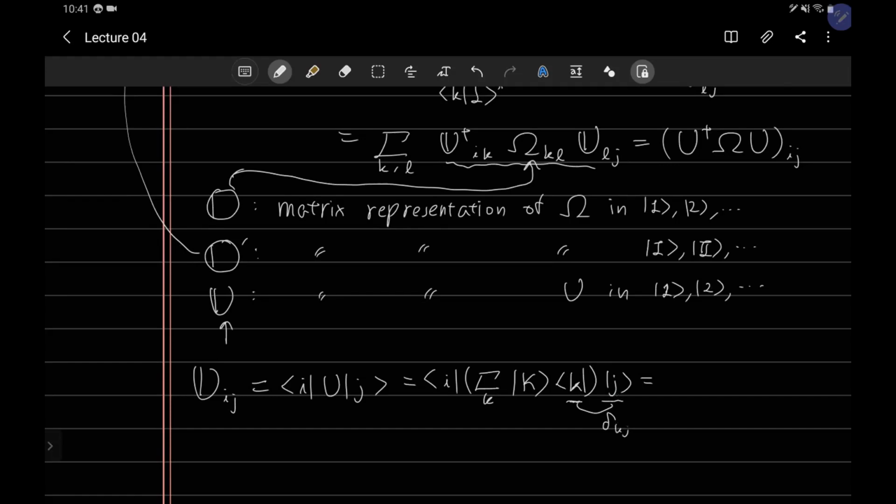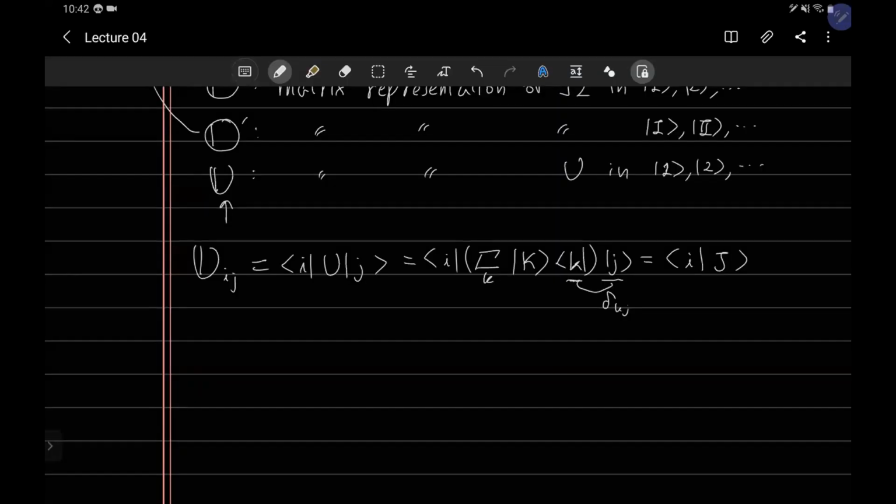So the summation is not necessary, and we know that this will eventually turn into the I basis vector in the original basis, and J's basis vector in the new basis.